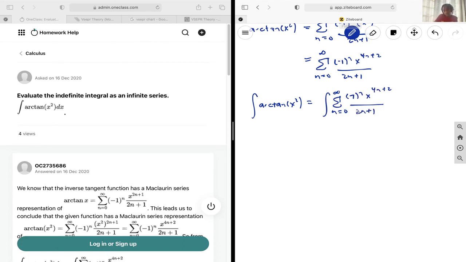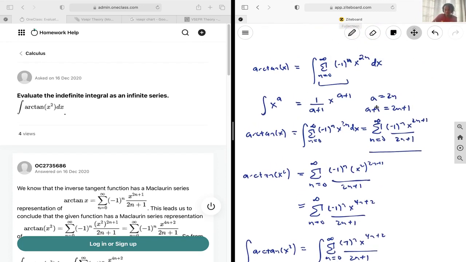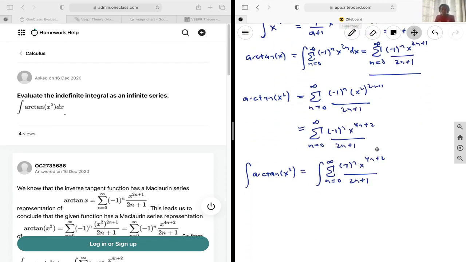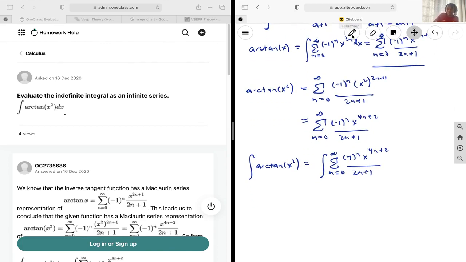So again, similar to how we did the one here, because x to the power of 4n plus 2 is the only variable with x dependence, we're just going to use this same exponent rule when it comes to integrating. And so our a is going to be 4n plus 2, which means our a plus 1 is going to be 4n plus 2 plus 1, which is 4n plus 3.